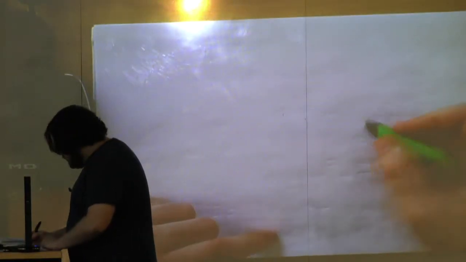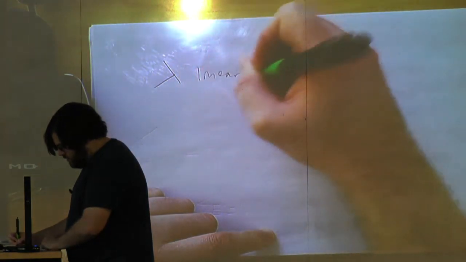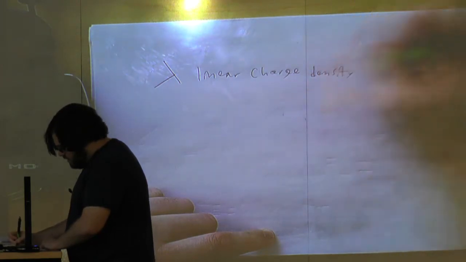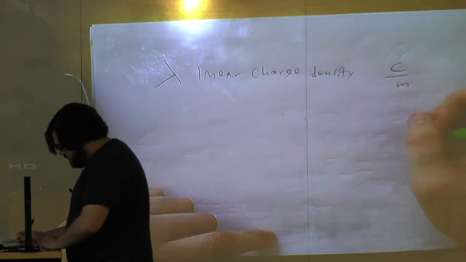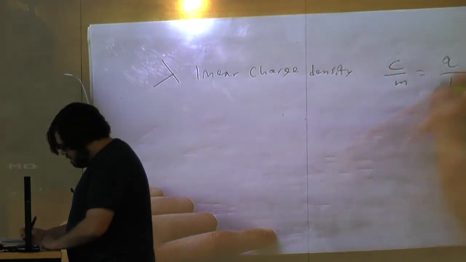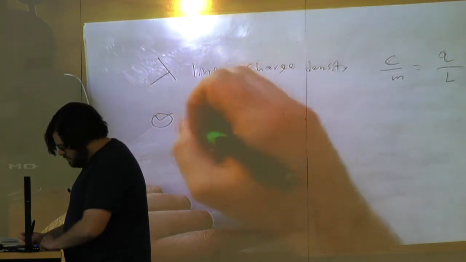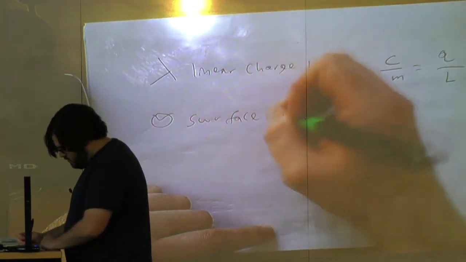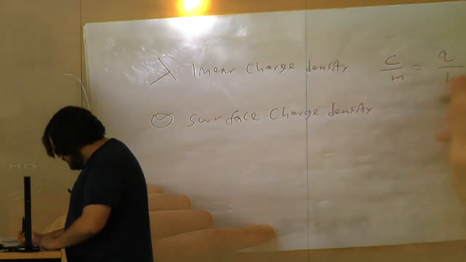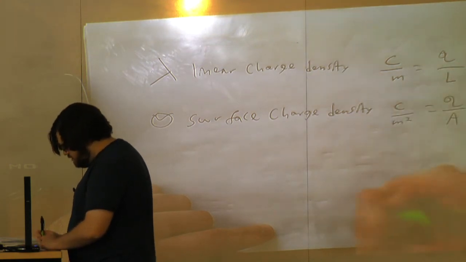When we talk about charge density, we have linear charge density. This is coulombs per meter, or Q over L. We have surface charge density, which is Q over A, coulombs per meter squared.